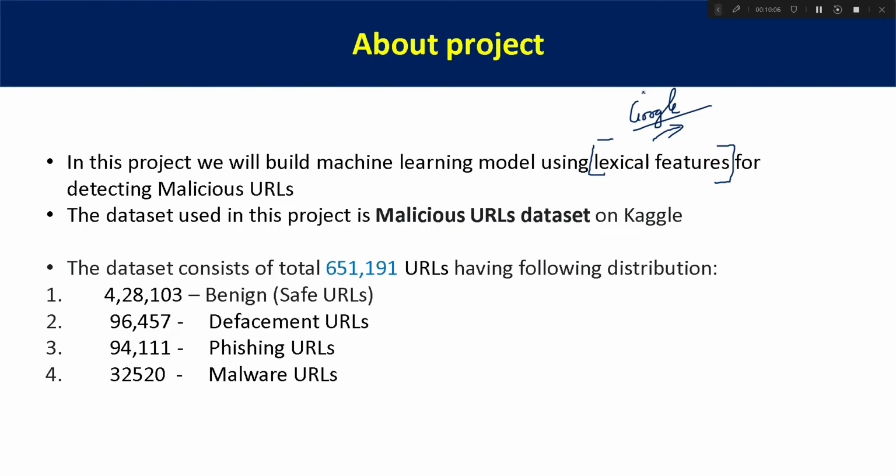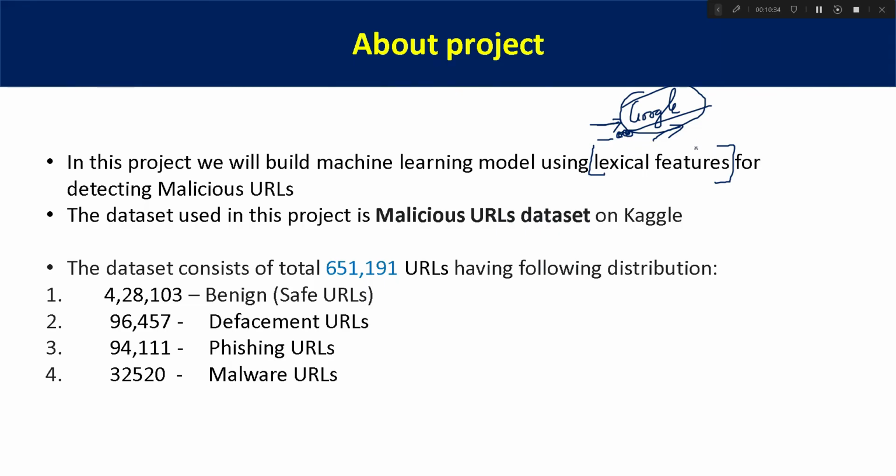If the site is indexed in Google, then mostly the site is considered safe. But nowadays hackers are getting very smart, and when they create any hacking URL or malicious URL, they also index it in Google search.